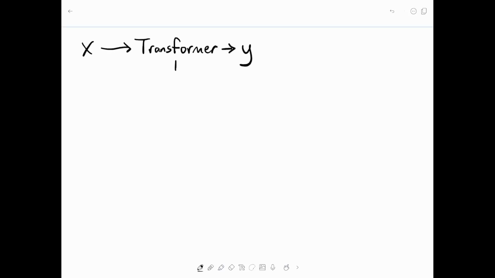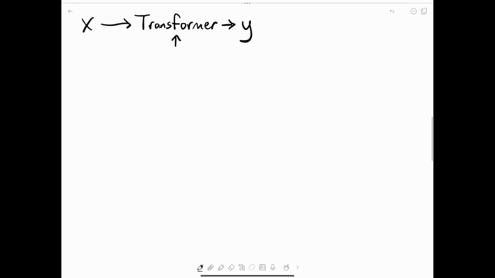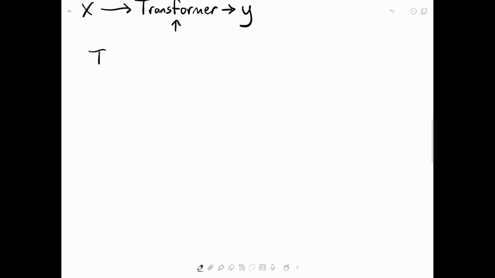So how does this transformer work? This transformer works mostly through a sequence of transformer blocks. And inside each transformer block is what is known as attention. So it looks like this. A transformer is a sequence of transformer blocks. I'll say T block just for brevity.